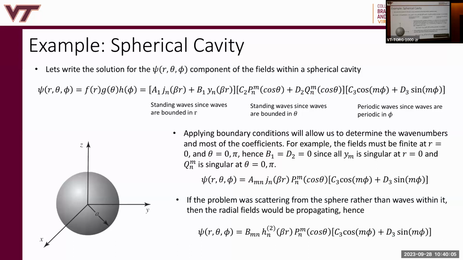So let's do an example before the course ends so you piece everything together. Let's write the solution for psi, the r, theta, and phi components of the fields within a spherical cavity. So here we have some spherical cavity. There are fields inside of this thing, a source inside, and it's a PEC sphere. Nothing can get out, but it'll start reflecting like light inside a mirror, and it will set up a resonance, a mode inside of there.